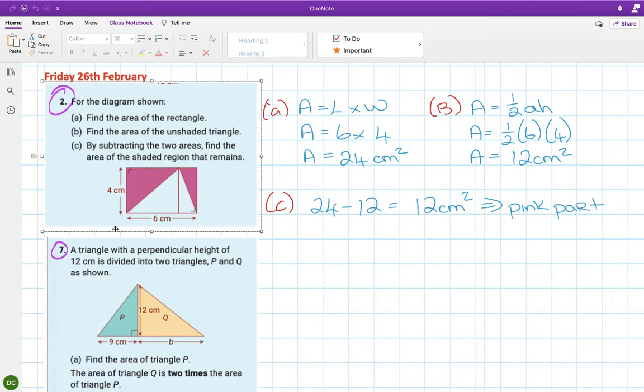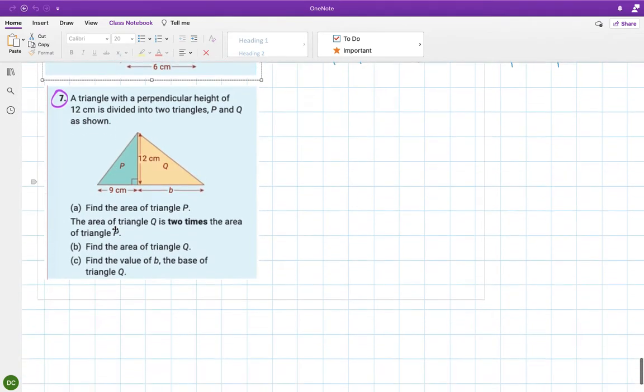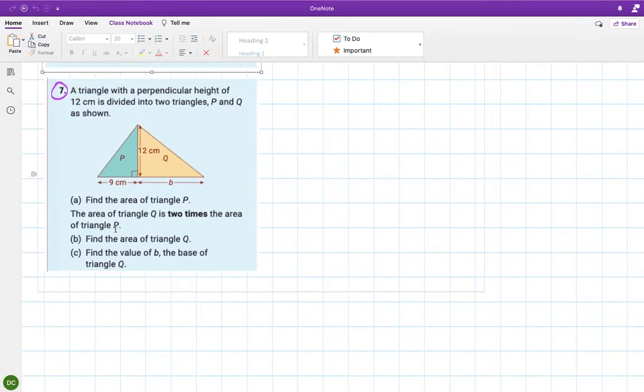Yep, that was okay. Right, this one. A triangle with a perpendicular height of 12 centimeters is divided into two triangles P and Q as shown. Find the area of triangle P. So area of triangle formula, same again, half AH.